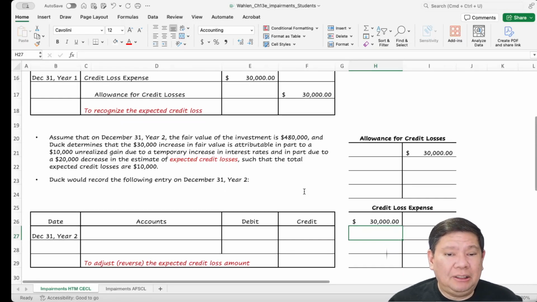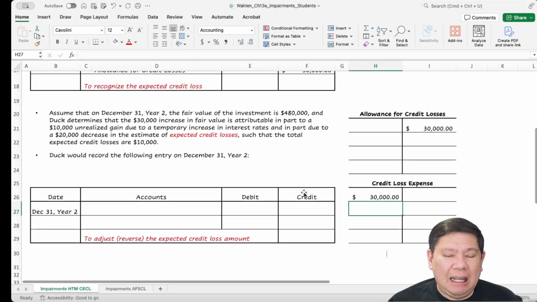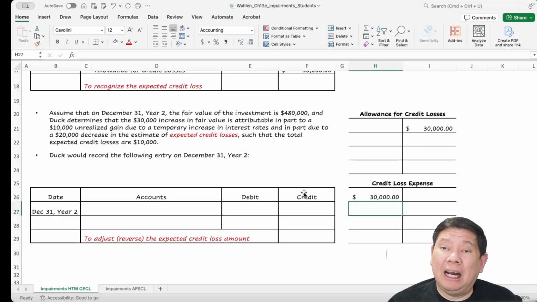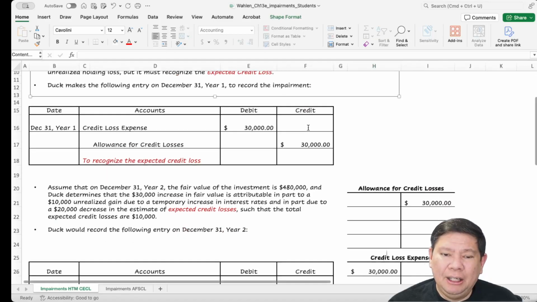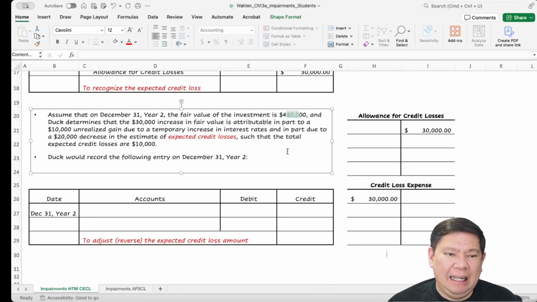Now we move to year two. On December 31st, year two, the fair value of the investment is $480,000. So it went up from $450,000 to $480,000. And the increase, $30,000, 10%, is a result of the changes in interest rate. Again, we don't worry about that.